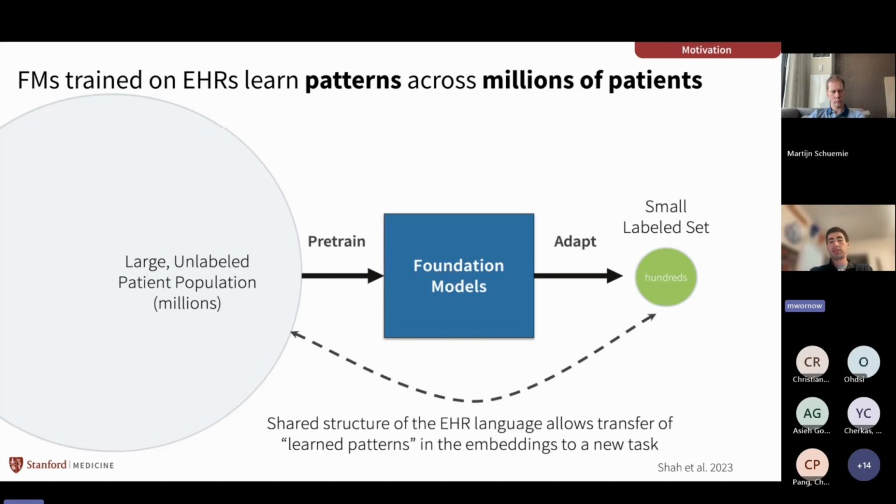And so the thesis, the insight with this foundation model approach is basically, instead of training a bunch of bespoke models for each individual downstream small task we care about, each of these little green circles where we might only have hundreds or thousands of labeled examples, which is really not sufficient for a lot of machine learning, let's take advantage of the huge wealth of EHR data that's just sitting at a lot of health systems, this large gray circle on the left-hand side, and let's pre-train a model to learn patterns of health across all these people, and then we can later adapt it to whatever downstream tasks we care about, basically echoing the approach that we've seen success with in the large language model space.